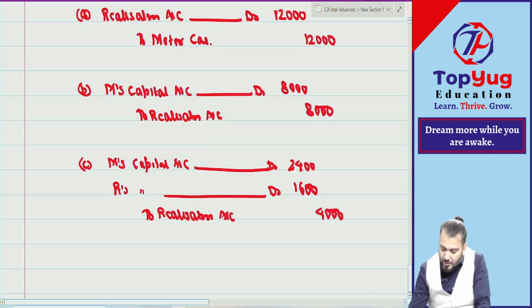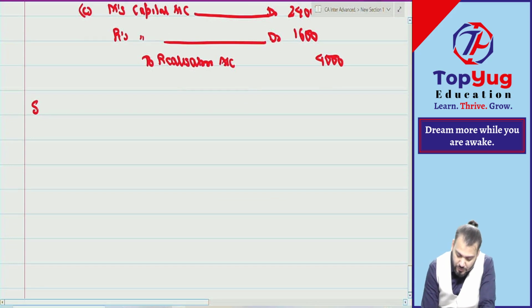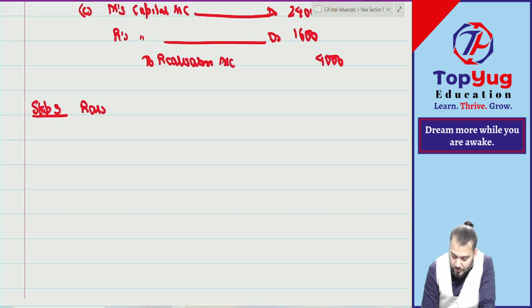What is the next step? Whether goodwill value is given. Write down raise goodwill. What is the value of goodwill given? So what journal entry you'll do?